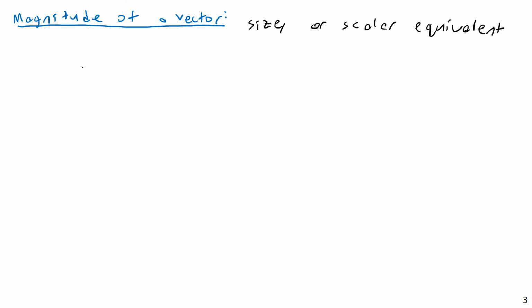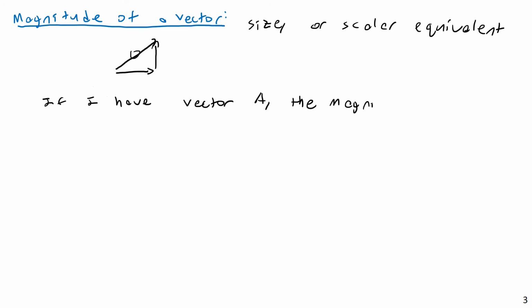So if you have a vector that has an x component and a y component, its overall length along the hypotenuse here would be its magnitude. This would be its magnitude here. And the way we indicate that in written form, if I have vector A, the magnitude of A is written as follows.